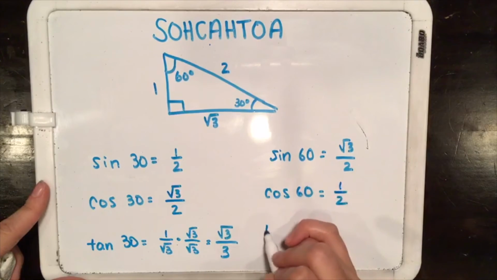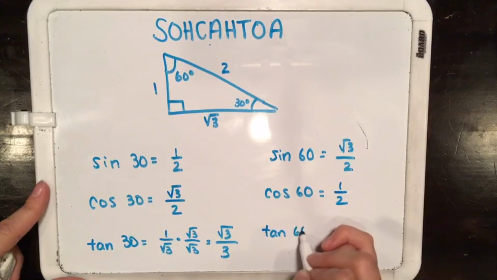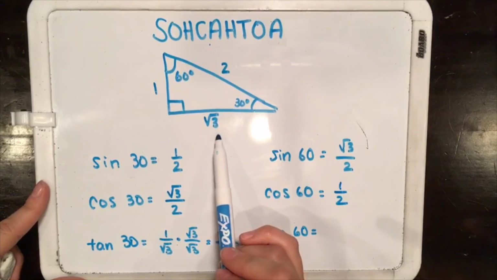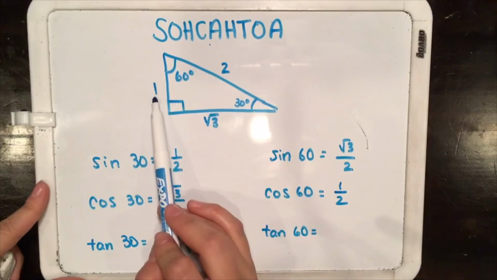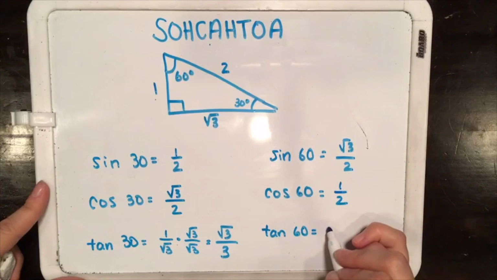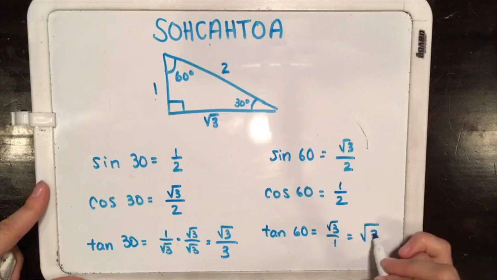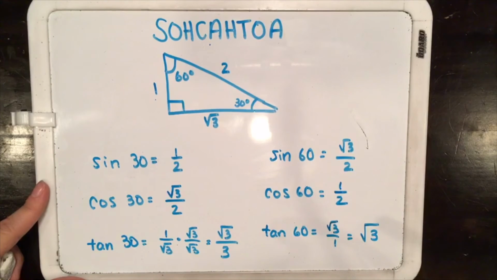And lastly, tangent of 60, opposite square root of 3 over adjacent 1. So square root of 3 over 1 is just square root of 3. Now these are the defined trig ratios for 30 degrees and 60 degrees. Also very important along with 45 degrees when using the unit circle.